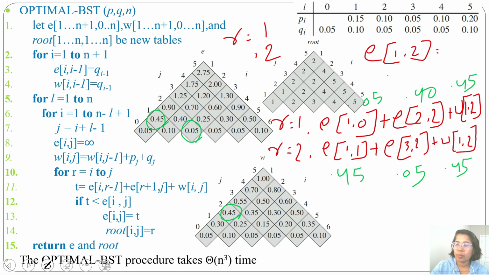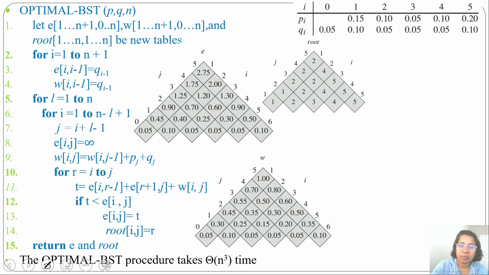Here we got 0.45, here we got 0.50. 0.45 is lower than 0.50. So for R equals 1, we get 0.90. E12 will be 0.90 and root12 will be 1, as R equals 1 gave the minimum. Like this, you fill both the E table and the root table.